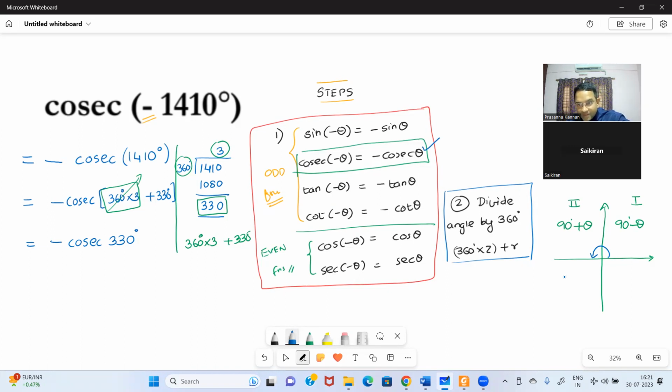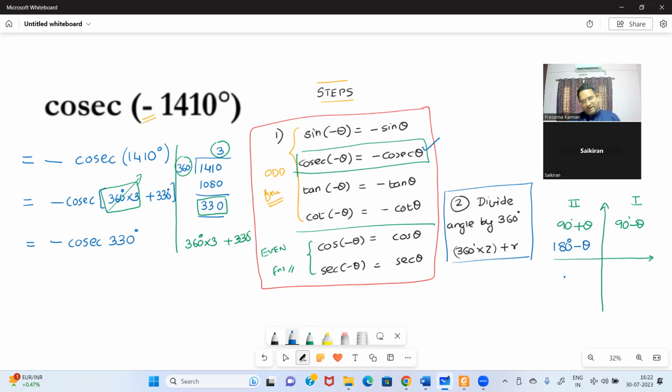Wait, what is this, Sai Kiran? 0 to 90 is the first quadrant, 90 to 180 is the second quadrant. So 150 is in the second quadrant. That is nothing but 180 minus 30, correct? So 180 minus theta lies in which quadrant?